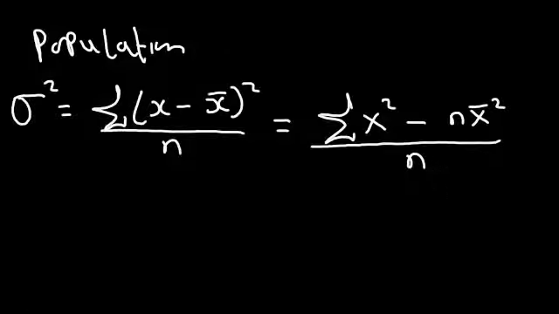So that is the second formula that helps us to find the population variance.